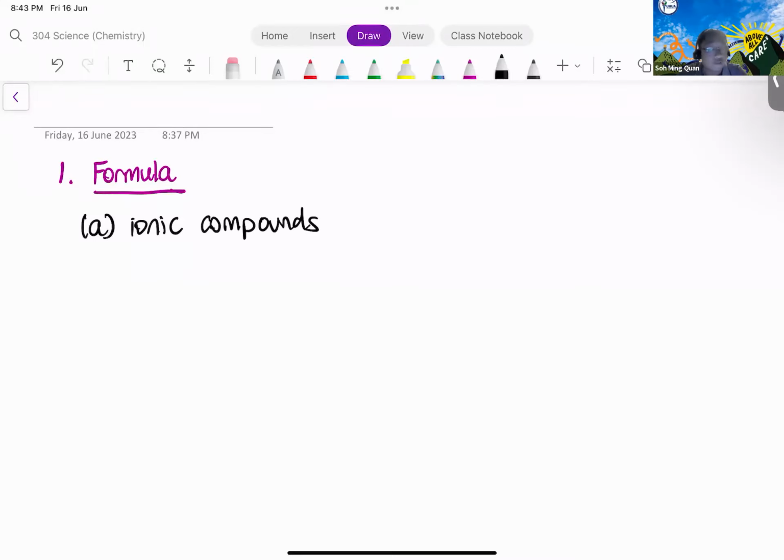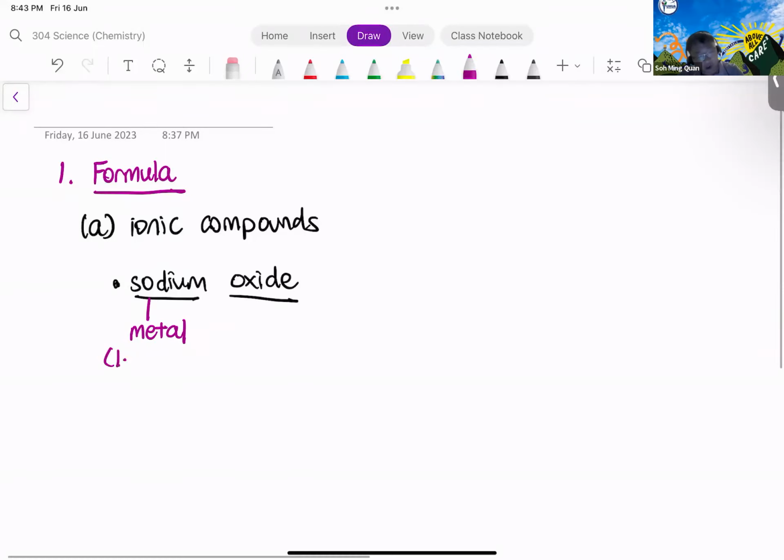Now, how do you know if a compound is ionic? Take, for example, sodium oxide. Sodium oxide falls under ionic compounds. How do you know? Sodium is a metal, right? You know sodium is a metal because it's found on the left side of the periodic table.